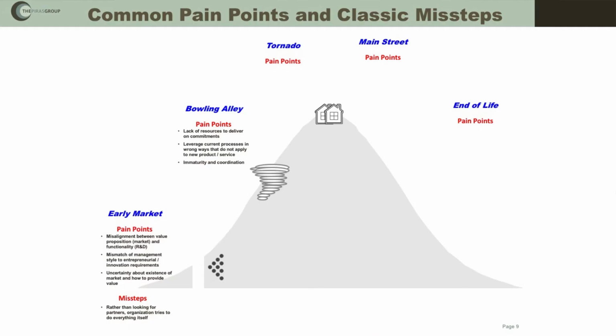Another pain point that you see here, particularly for the established companies, is that they leverage the existing or the mature processes in ways that don't match the need for speed, flexibility, or how things get done.